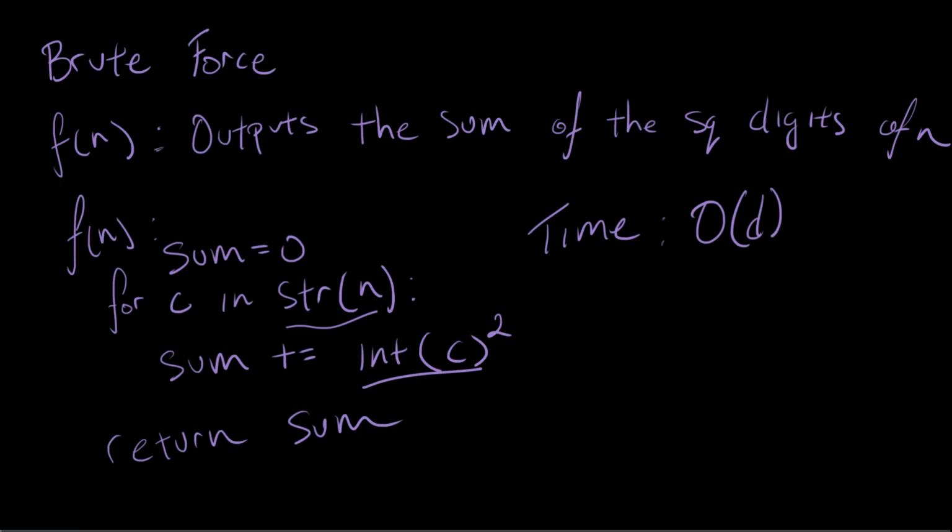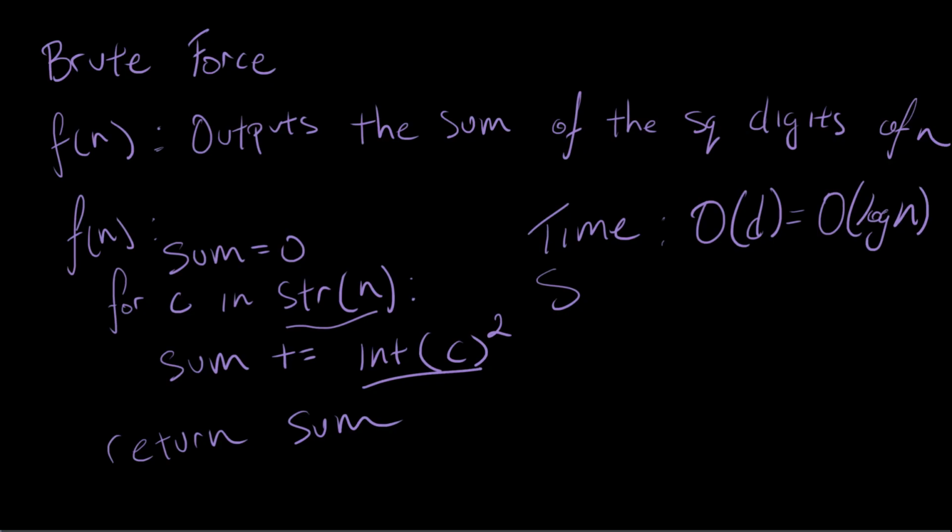And the time it takes to construct the string n is also of order O of d. And this, just to be explicit, is on the order of log n. More specifically, it is log base 10 of n.